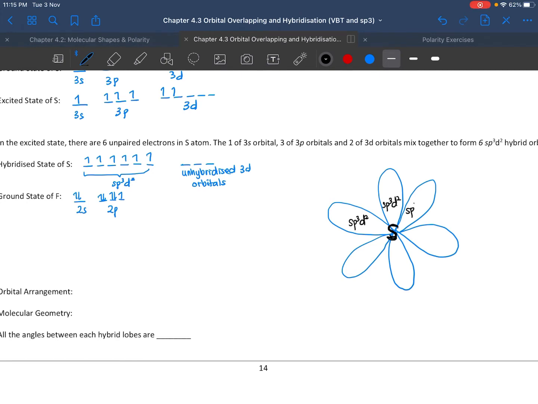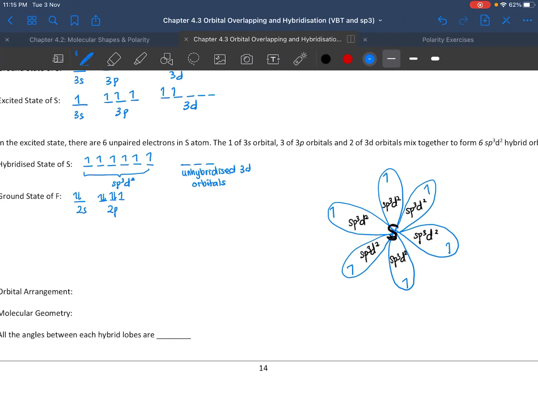So label. Okay, jangan malas-malas. Okay, and then from this hybridized state, we know that each orbital or each lobe tu ada 1 electron. So kita pun tulislah 1 electron each.